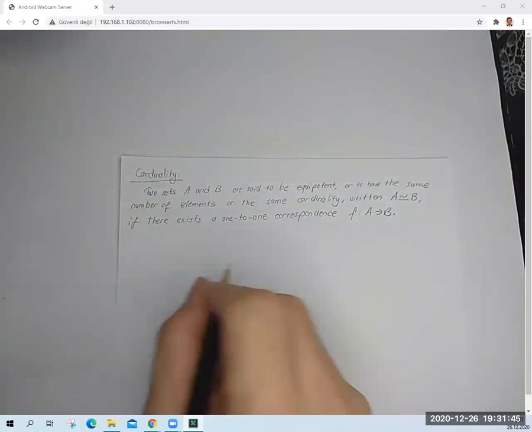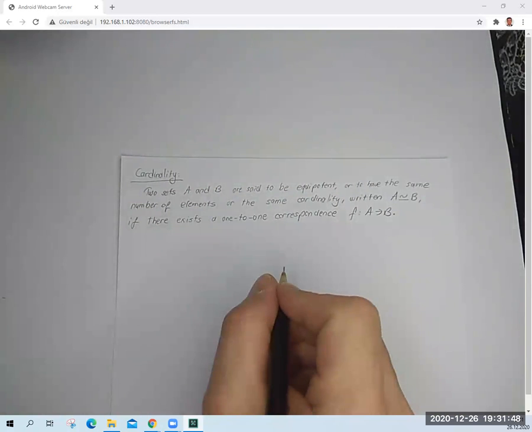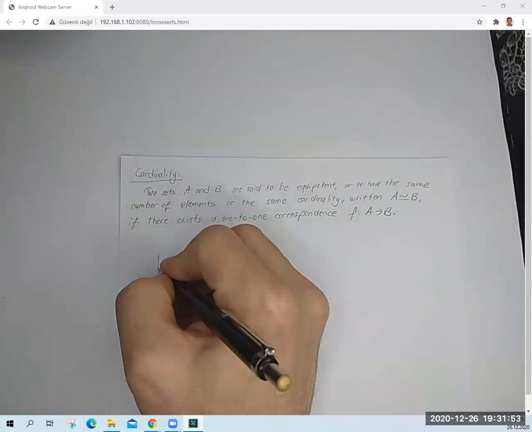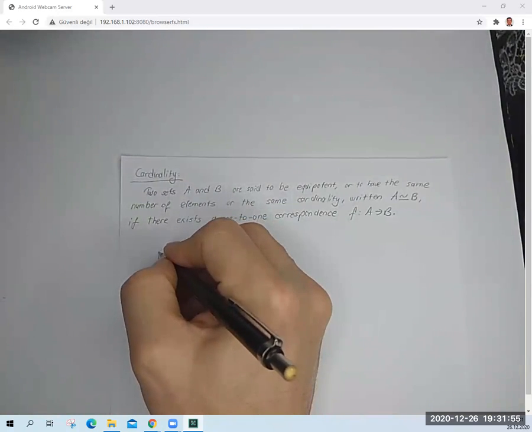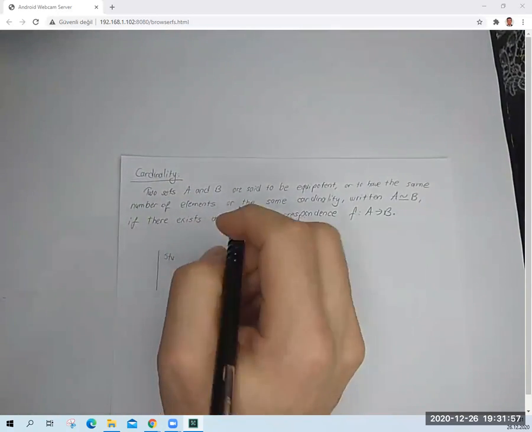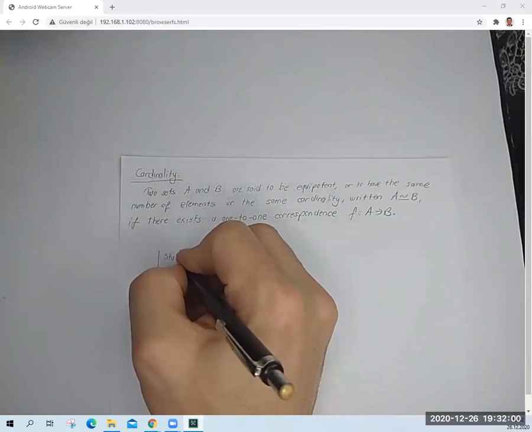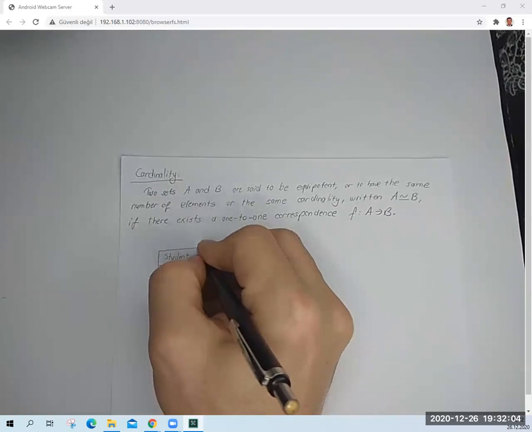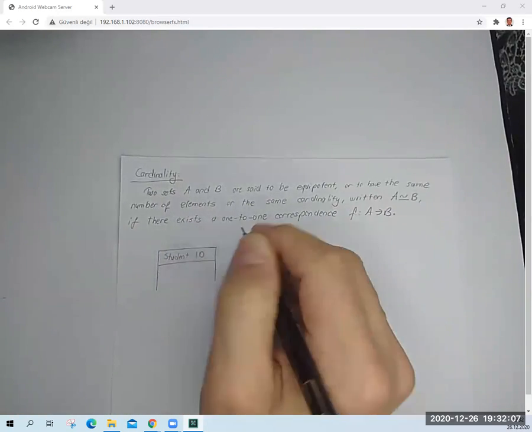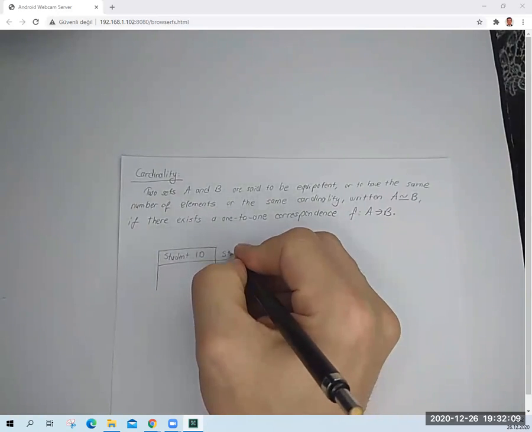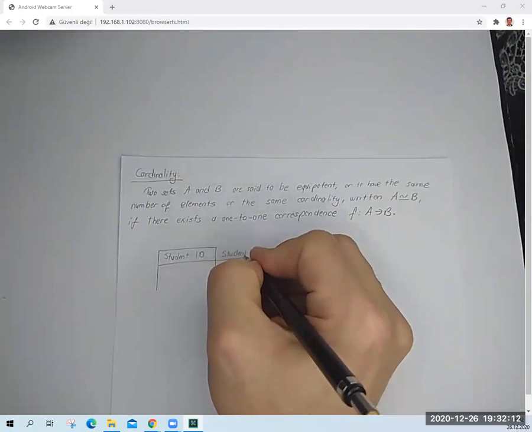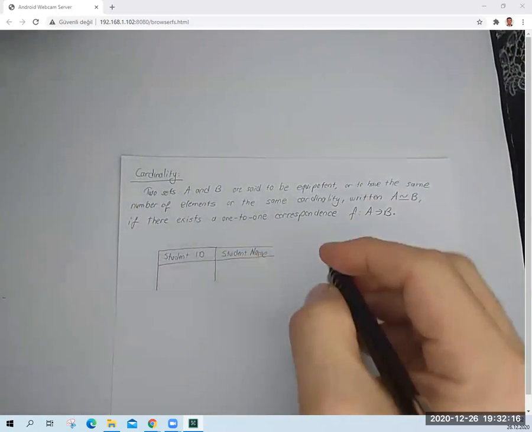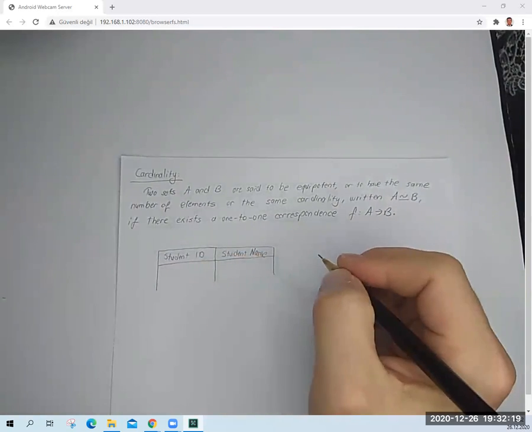So let's write. We have a table. Here is the student ID, and we have a set of student IDs. We have student name, student last name.